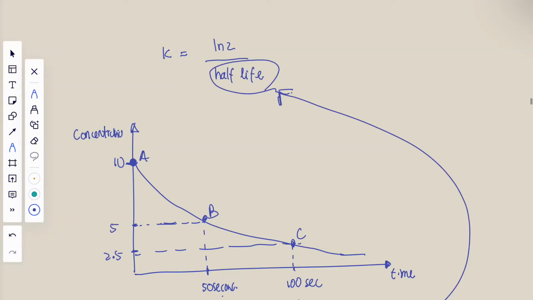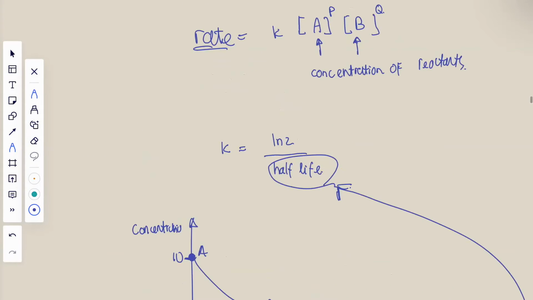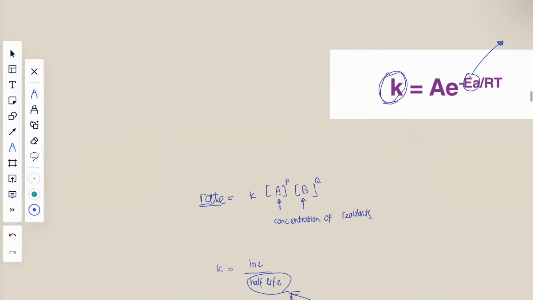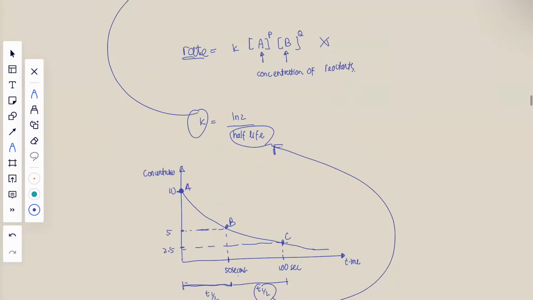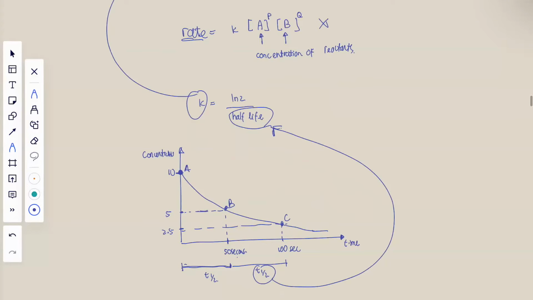Then ln 2 divided by that number, you get K. This K you sub in here. And you do that for one temperature. That means you do this experiment at one temperature.